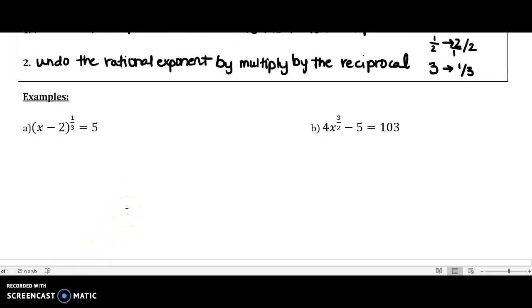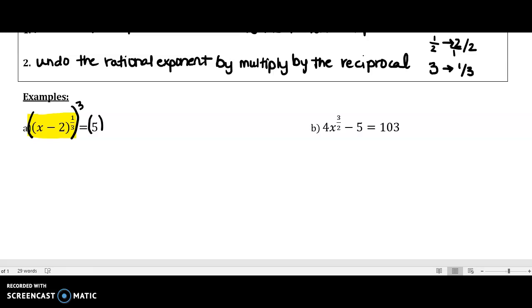Example 1, starting out with an easy one. We want to isolate the expression that's raised to the rational exponent. In example A, it's already isolated. There's nothing in front of it, nothing behind it. So let's go ahead and undo this. I'm going to raise it to the reciprocal of 1/3, which is 3.